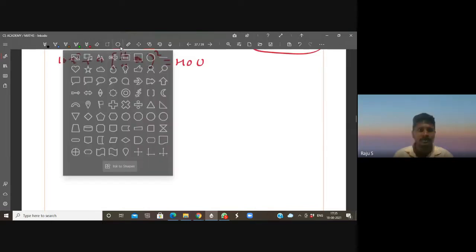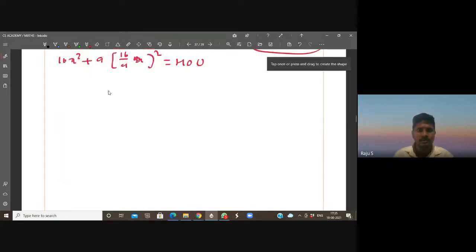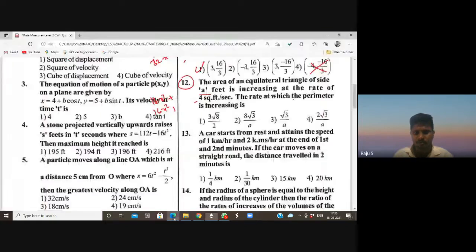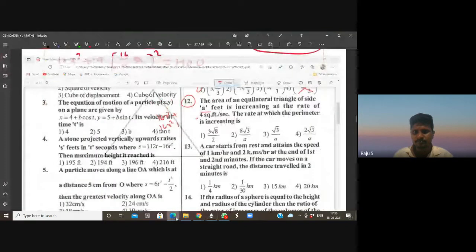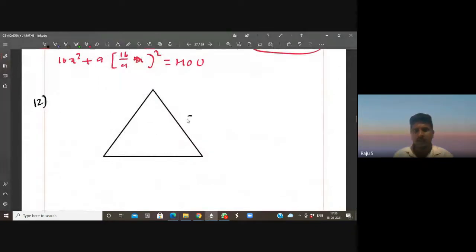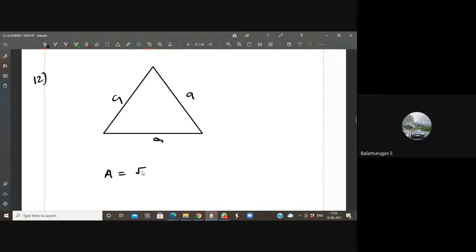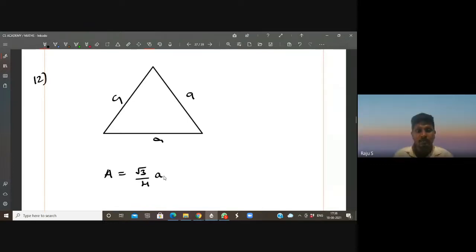What is the side they have given in the question? Side a feet. Then can you tell me the area of an equilateral triangle? The direct formula is root 3 by 4 a square.